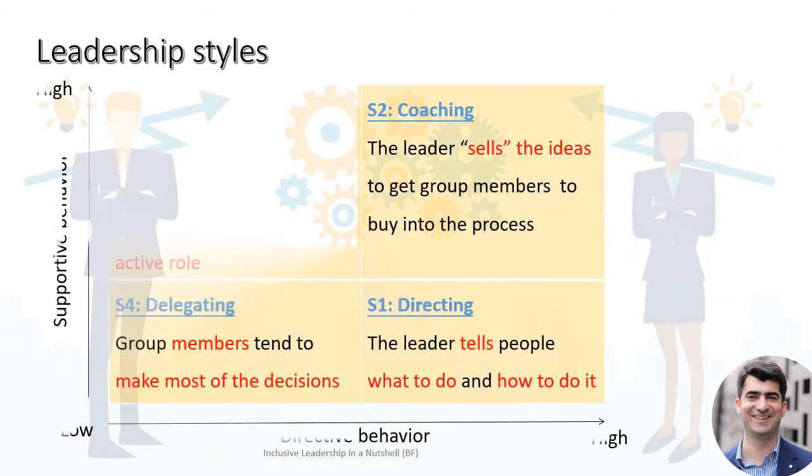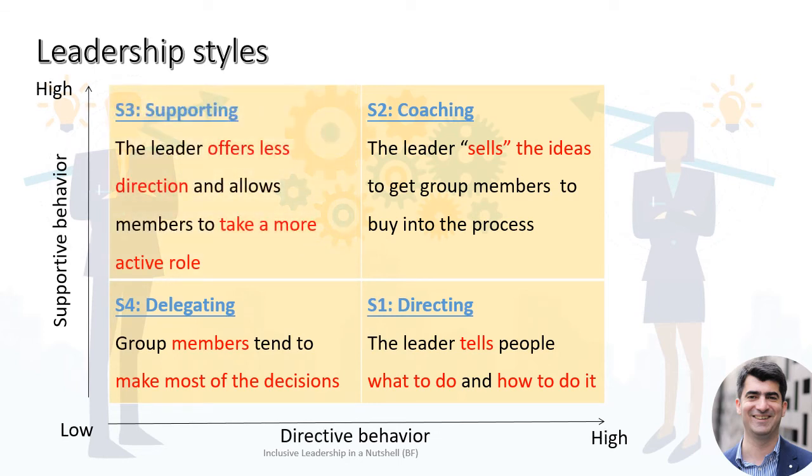The situational leadership theory was proposed by Paul Hersey and Ken Blanchard in around 1969. The model that they propose says that there are four types of leadership styles.